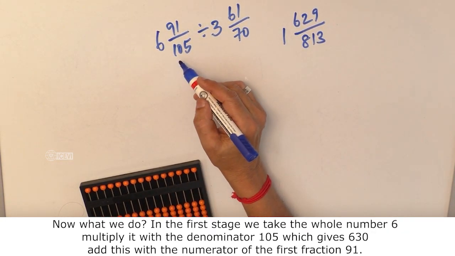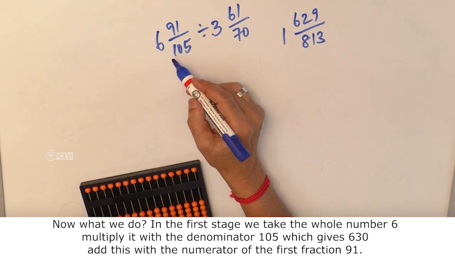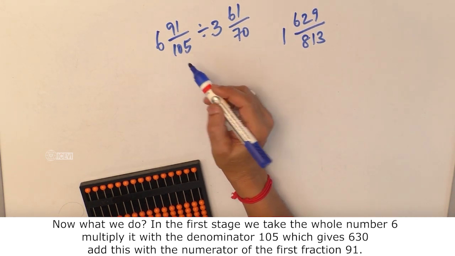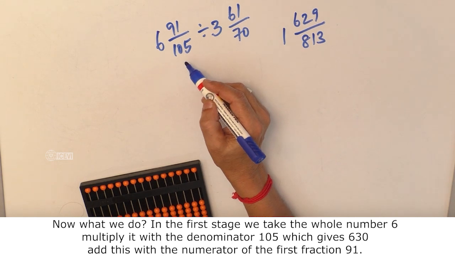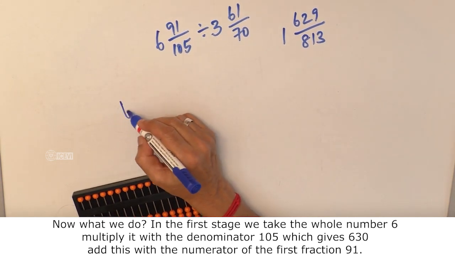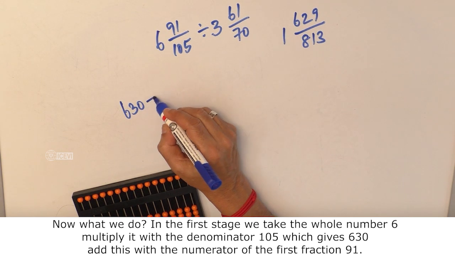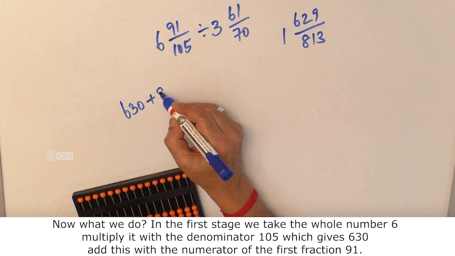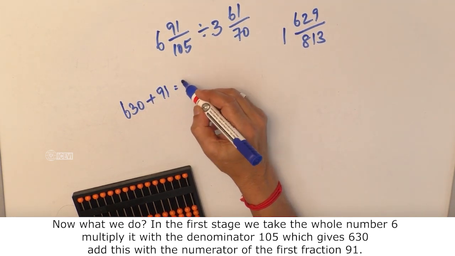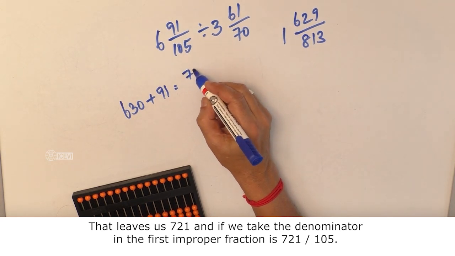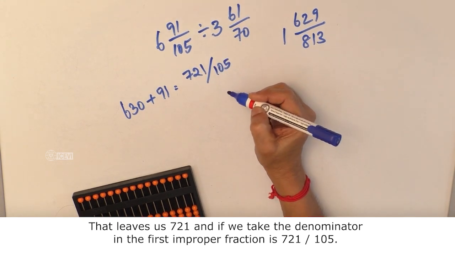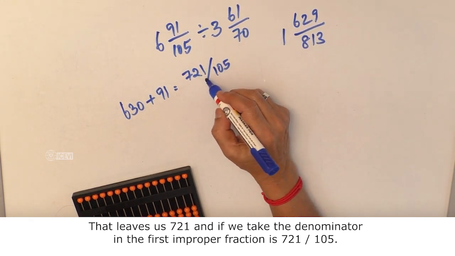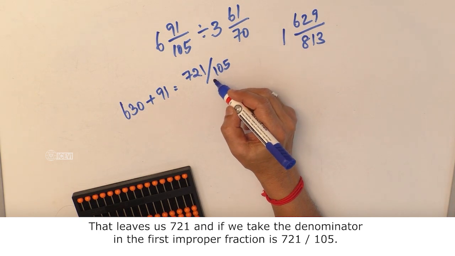In the first stage, we take the whole number 6 and multiply it with the denominator 105, which gives 630, and add this to the numerator of the first fraction, 91. That gives us 721, and with the denominator, the first improper fraction is 721 by 105.